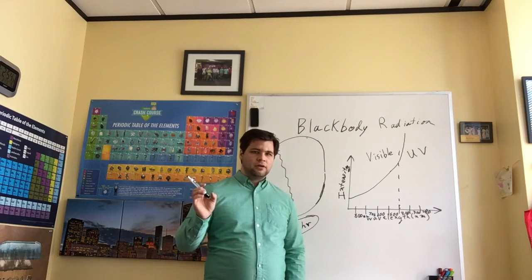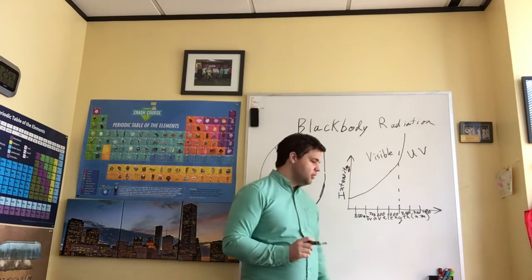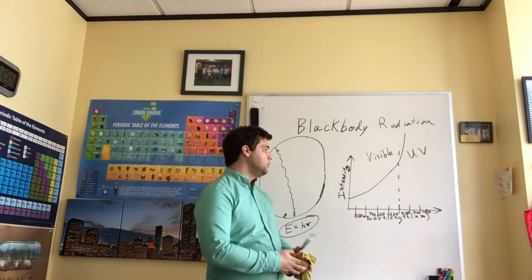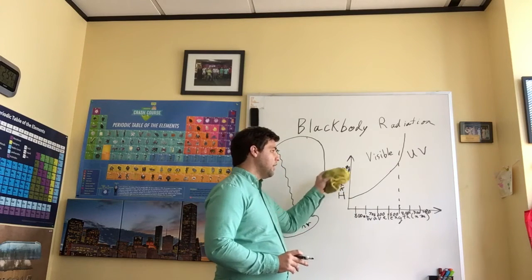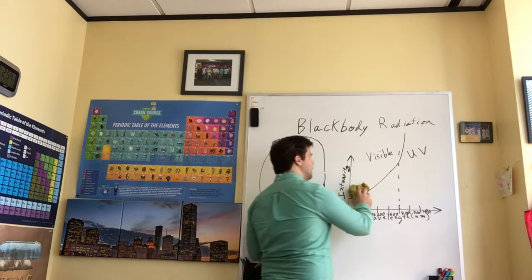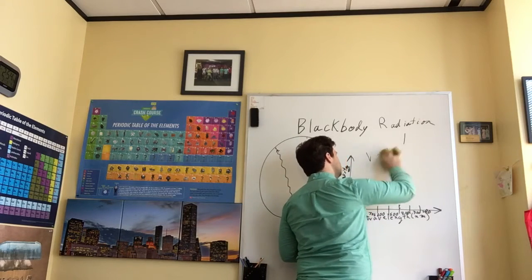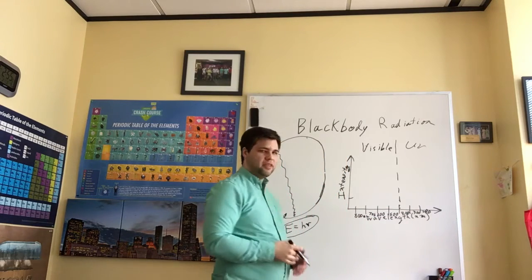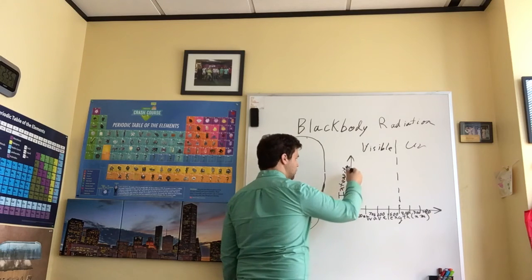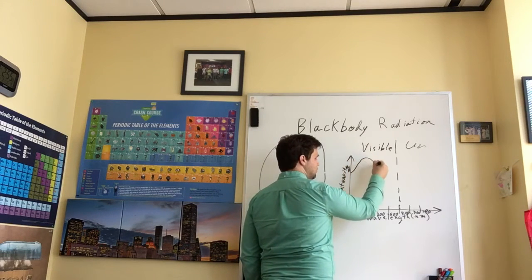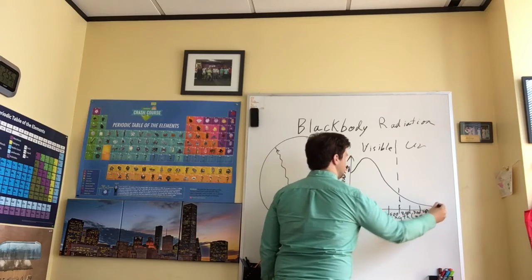helps to change this graph dramatically. So instead of getting a graph like this, instead you get a graph for something that's very high temperature. It would look something like this.